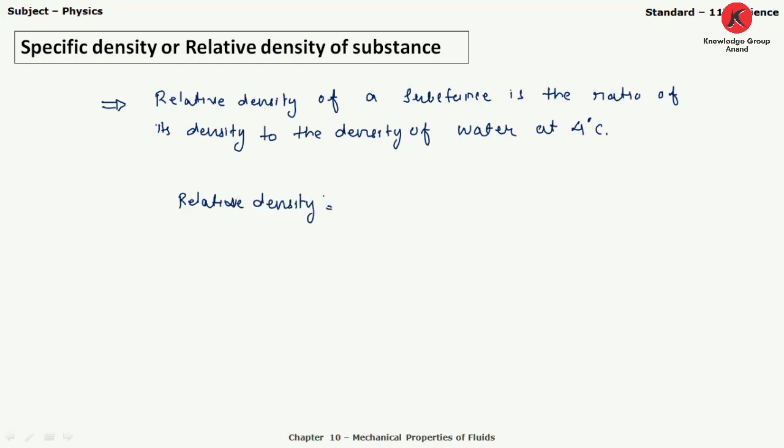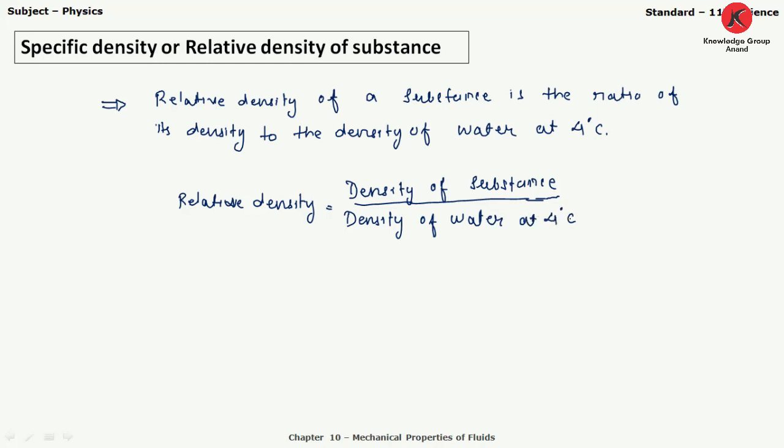So the relative density is equal to the density of the substance divided by the density of water at 4 degree centigrade temperature.